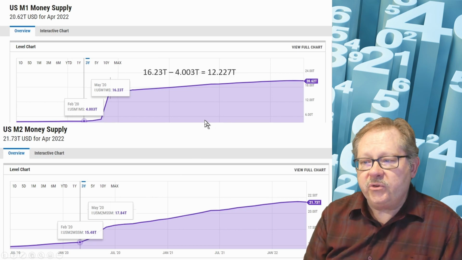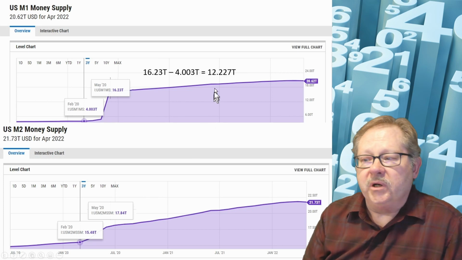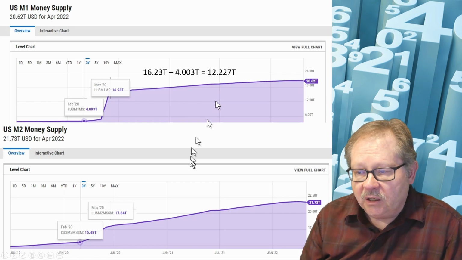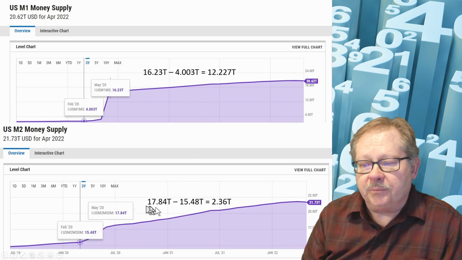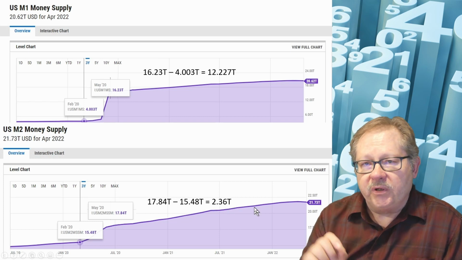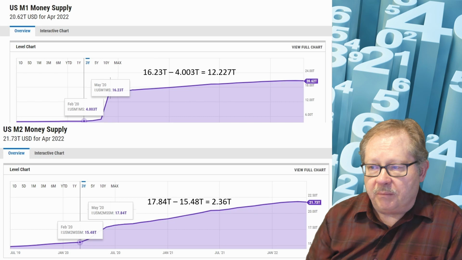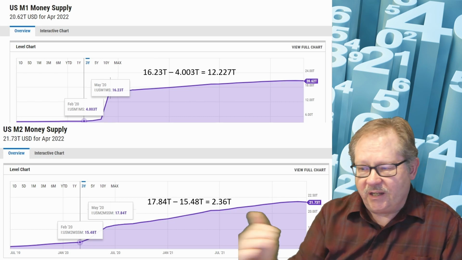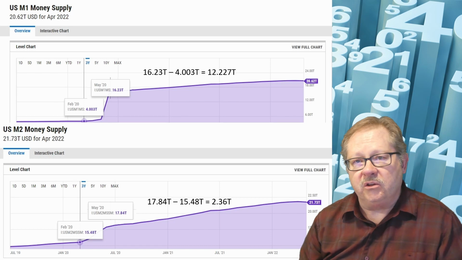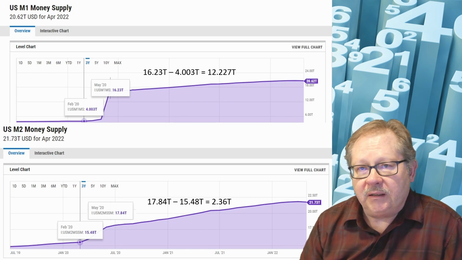If we do the math, we find that the M1 figure went up 12.227 trillion, where the M2 figure went up only 2.36 trillion. So realistically, we can attribute about 10 trillion, taking the subtraction of those two, to just the change in the Regulation D requirement.